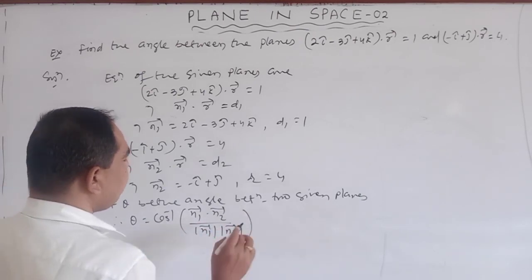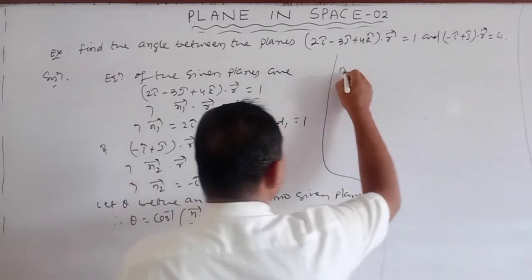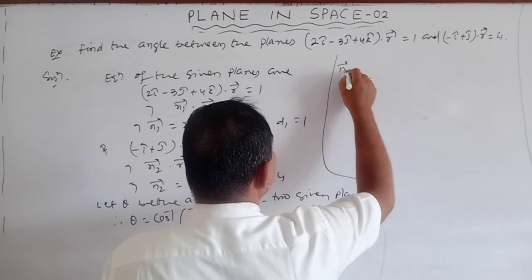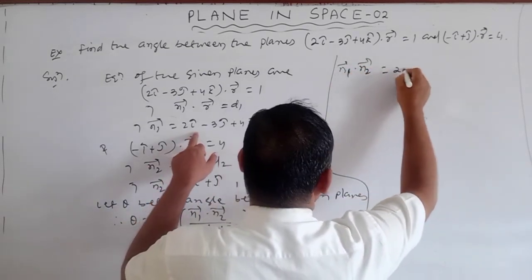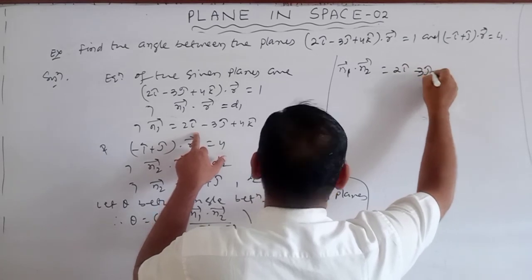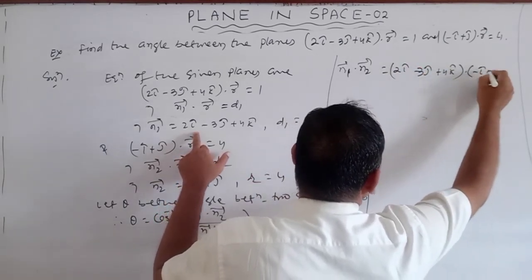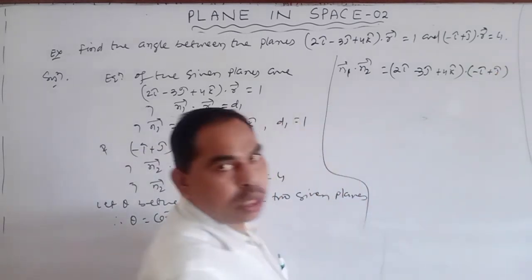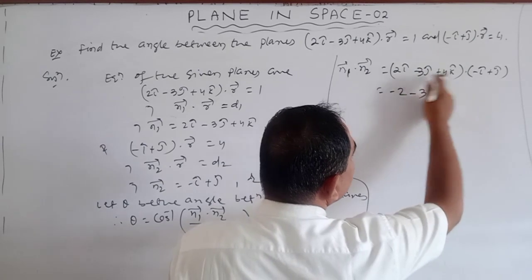Okay, so n1 vector dot n2 vector. n1 means 2i minus 3j plus 4k dot n2 means minus i plus j. So dot product gives minus 2 minus 3 and 0.